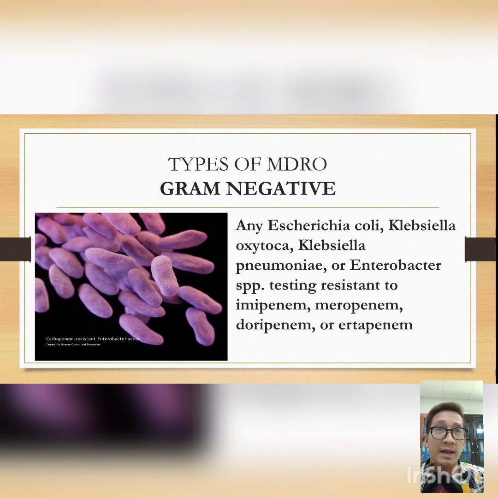These are any E. coli, Klebsiella oxytoca, Klebsiella pneumoniae, or Enterobacter species that test resistant to imipenem, meropenem, doripenem, or ertapenem. So if you have any culture results with these microorganisms that test resistant to the following antibiotics, then consider that one as carbapenem-resistant Enterobacteriaceae, or CRE.